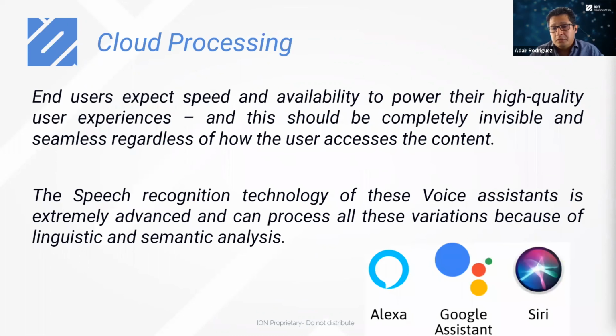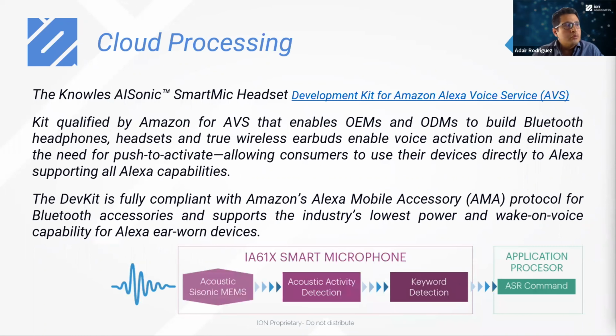The other thing to consider is the cloud processing. In this case, we are getting more familiar every day with Alexa, Google Assistant, Siri, which help us with more advanced processing, as long as we have an internet connection. To start developing products with this, we can work with nodes from scratch, for a design from scratch.